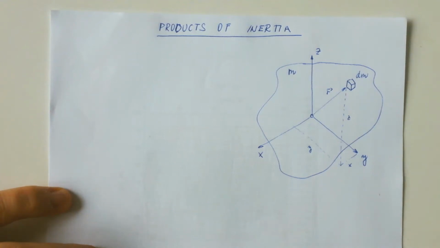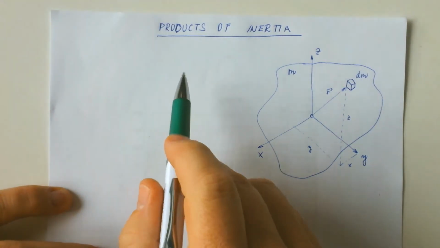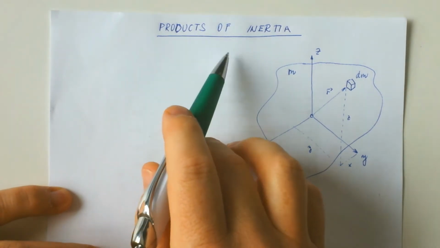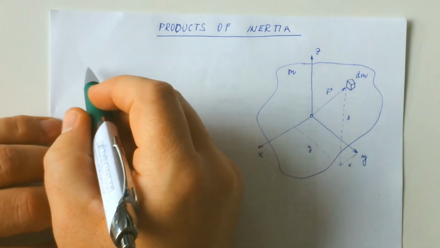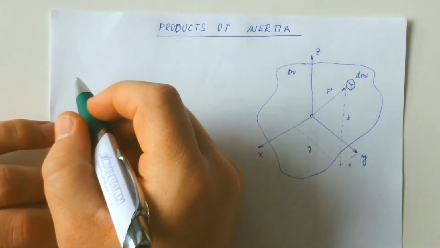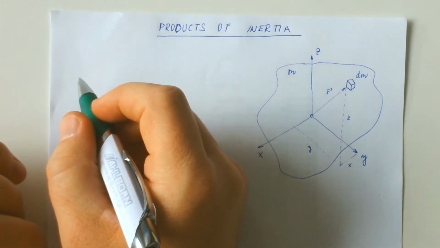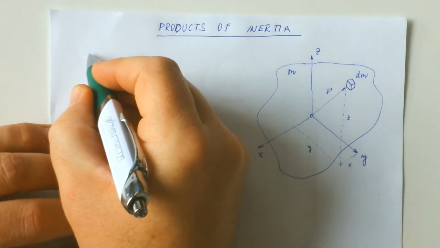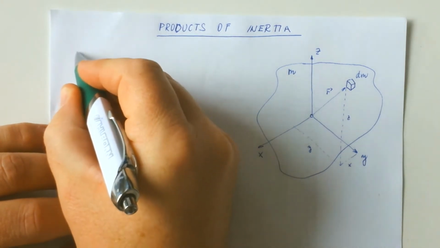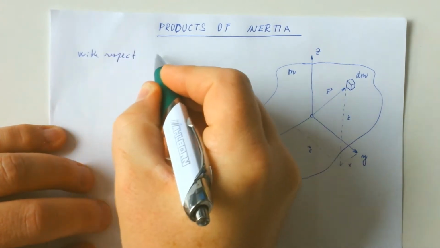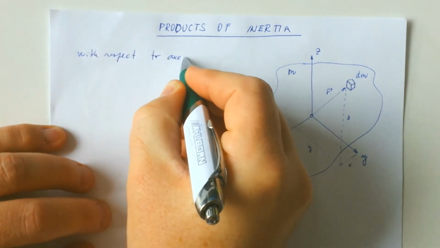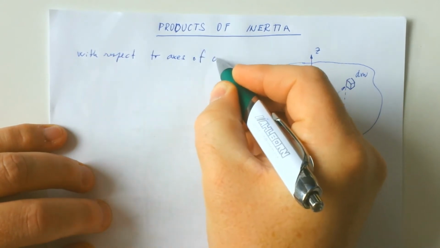Dear students, today we will talk about products of inertia. So, what is it? It's defined similarly as moments of inertia, but the product of inertia is made with respect to axis of coordinate system.